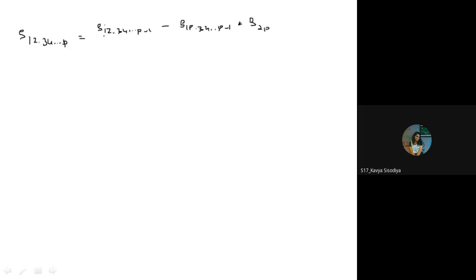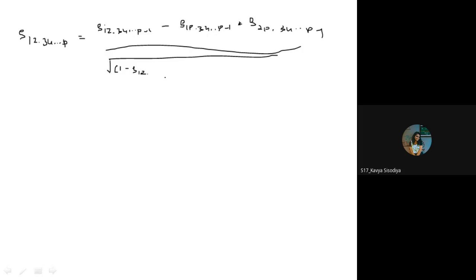First it takes the partial correlation between 1 and 2, and you subtract the product of the partial correlations between 1 and p and 2 and p, and divide by the square root of 1 minus rho square 1 p dot 3 4 up to p minus 1, into 1 minus rho square 2 p dot 3 4 up to p minus 1.